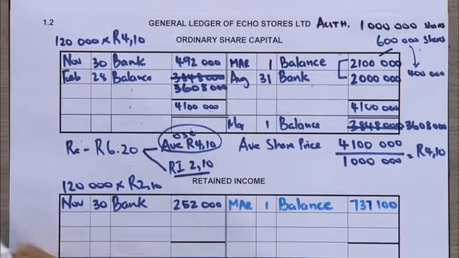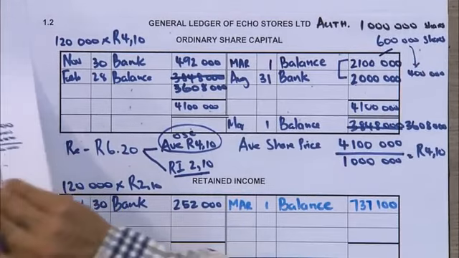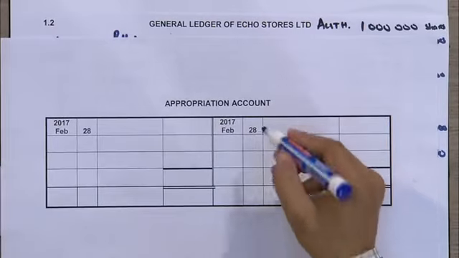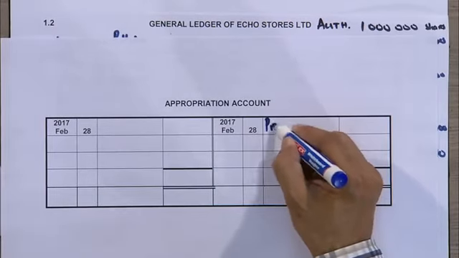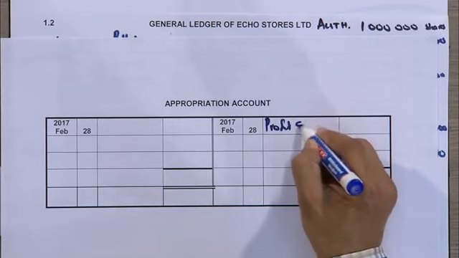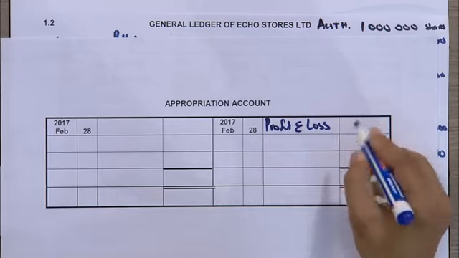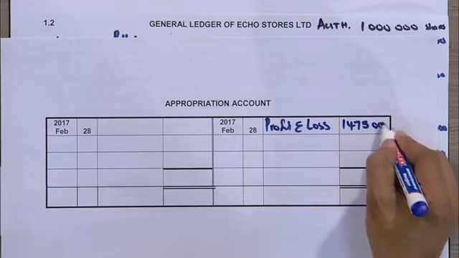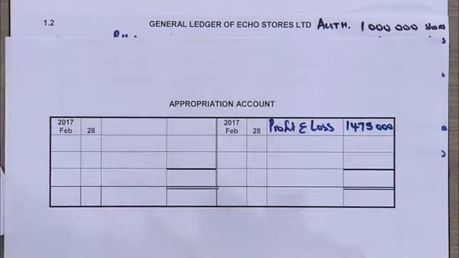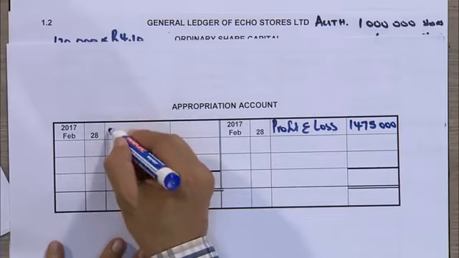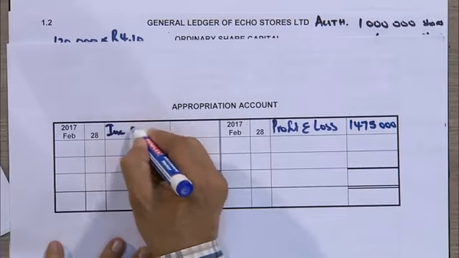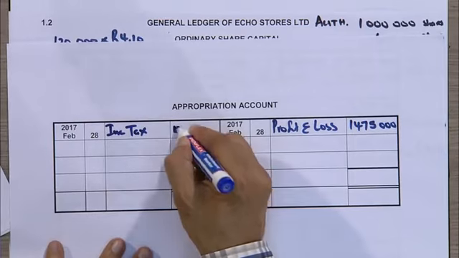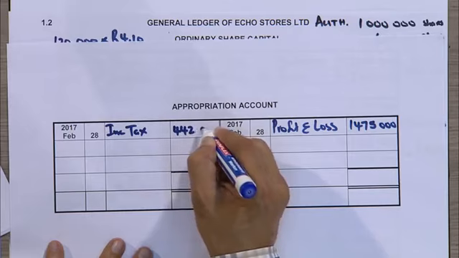Okay, so your appropriation account starts with your profit and loss figure of 1,475,000. Okay. Then on the debit side, we have income tax. We know now that the income tax is 442,500.